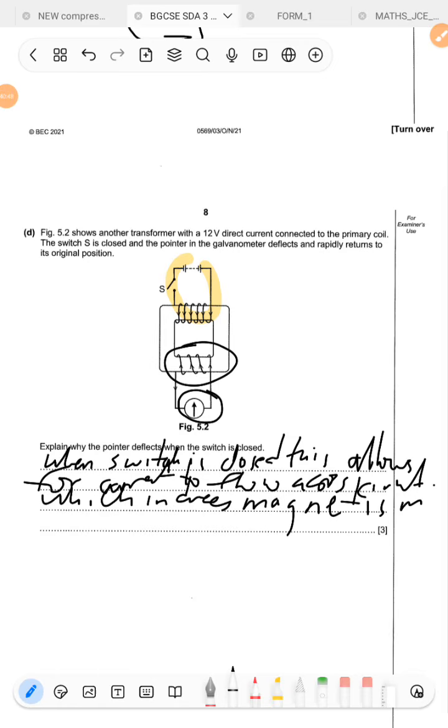When the switch is closed, this allows for current to flow across the circuit, which induces magnetism.